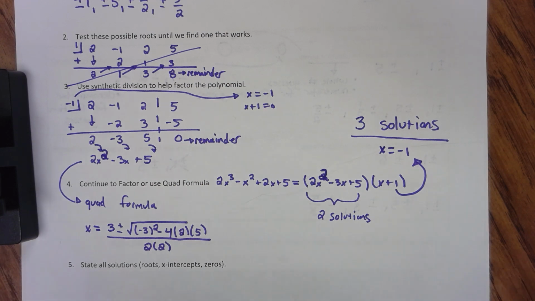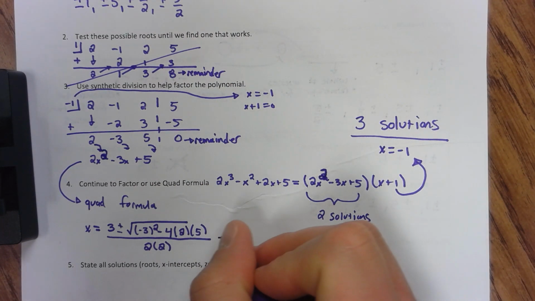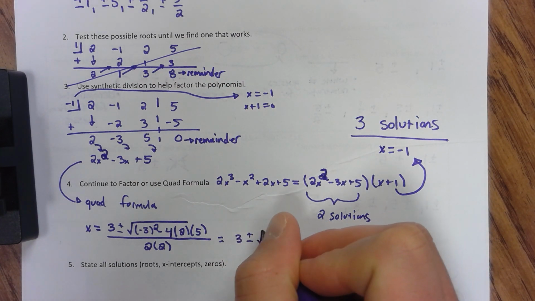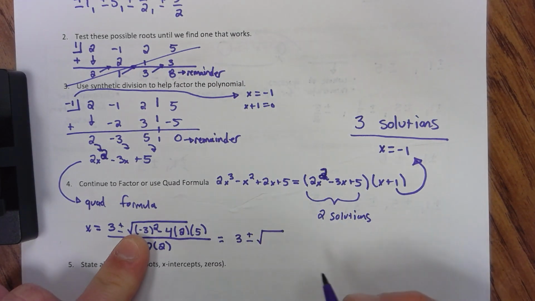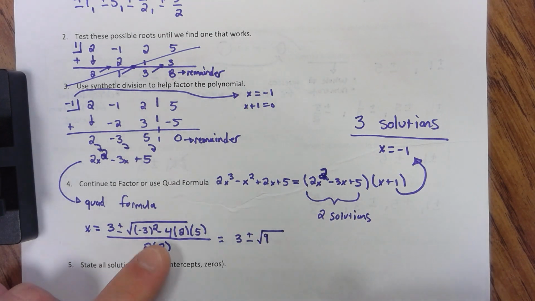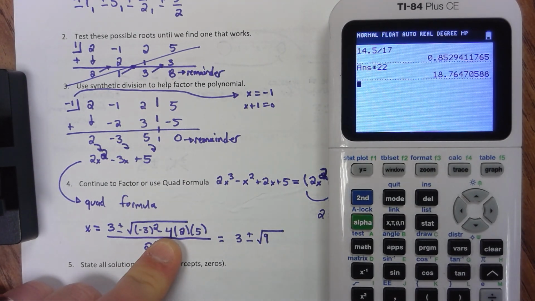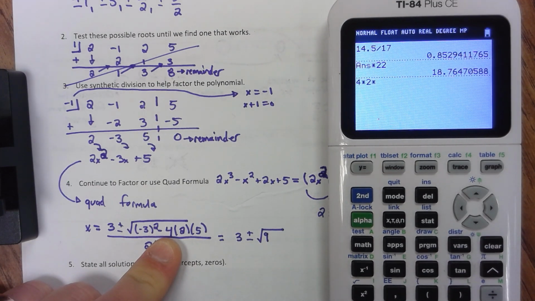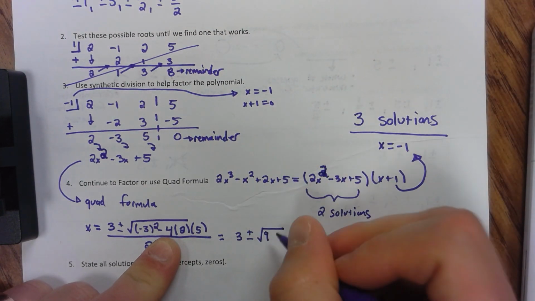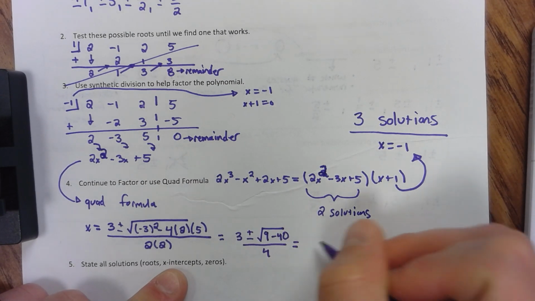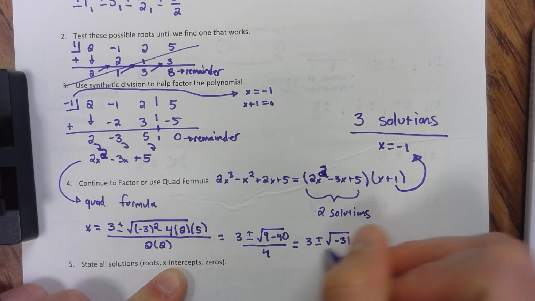And we've got some simplifying to do. So this is 3 plus or minus the square root of 9 minus 4 times 2 times 5, which is 40. So 9 minus 40, divided by 4, which is plus or minus root negative 31 divided by 4.